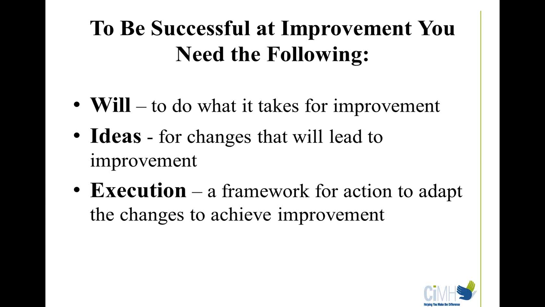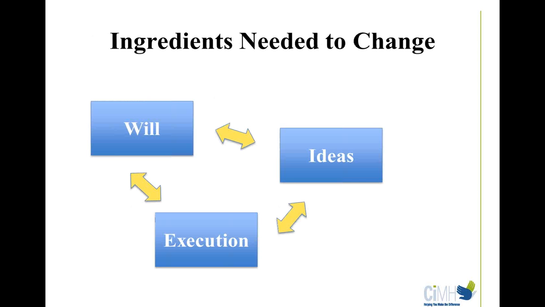And so as we use the model for improvement in our mental health projects, we're paying attention to these and cultivating all 3. And in fact, over time, we're taking advantage of the fact that they are very interactive. Will often supports the creation and identification of great ideas, but great ideas might in turn create more will in more people who are excited and interested in a topic. So ideas for change are very powerful.